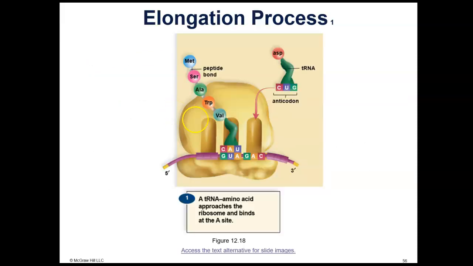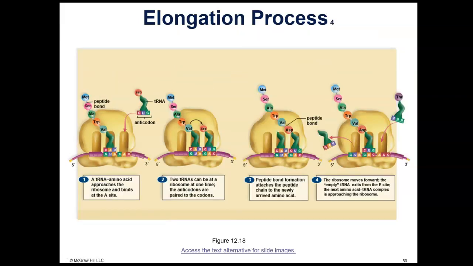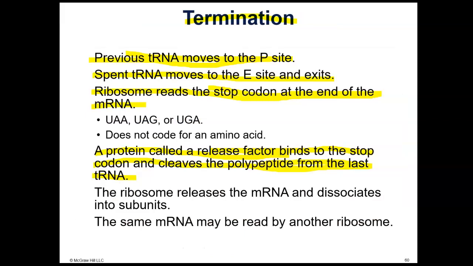And then the elongation process is when more amino acids are added. Amino acids come in and they're added to the polypeptide. And you can go back through these stages yourself. You can also watch the video animation, the tutorial video that's found in the section on translation in your eText.